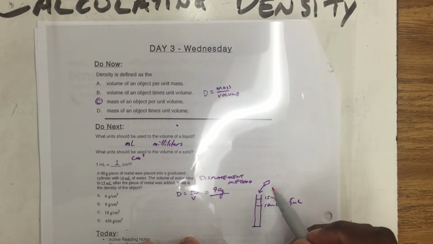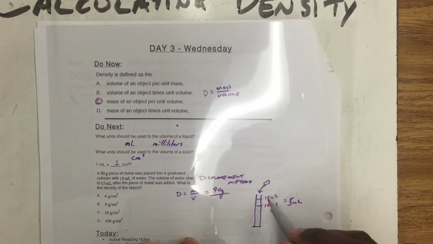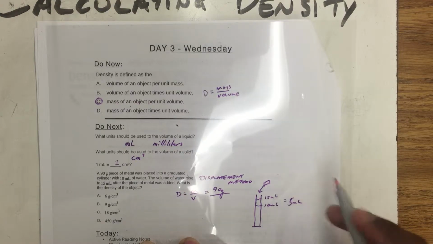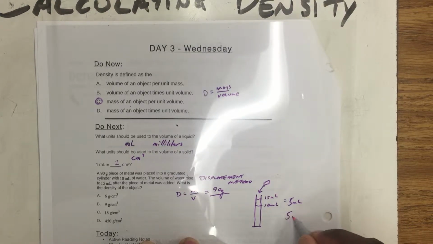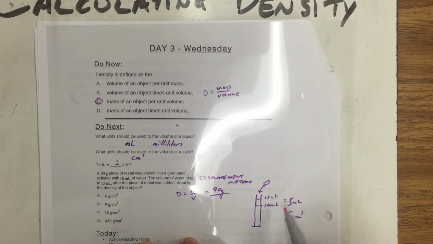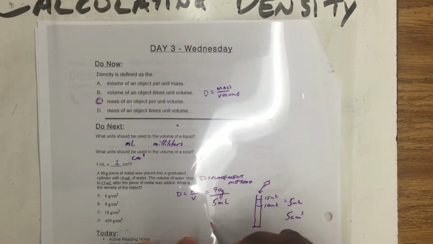This piece of metal is most likely solid, and so we need to use centimeters. So if it displaced 5 milliliters of water, that must be the volume of this object right here. But since it's solid, we need to say that it's 5 centimeters cubed. So that's the volume of this object. So we can come over here to our question and put in 5. And if you do the math, 90 divided by 5 is 18.